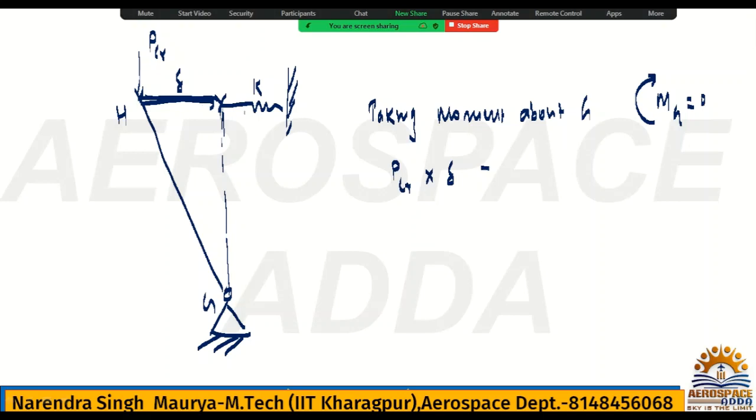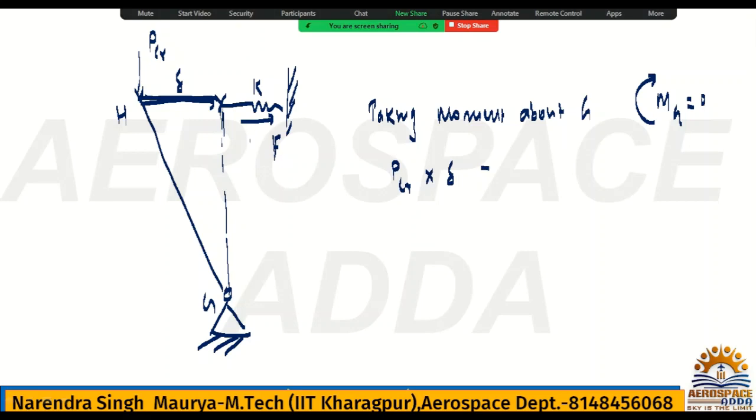So what will be the spring condition? Because it is now tensile, the restoring force F will be acting in this direction, because you are showing that the column is deflecting this side. So there will be elongation in the spring, and the restoring force is just opposite to the elongation, so the restoring force will be acting in this way.